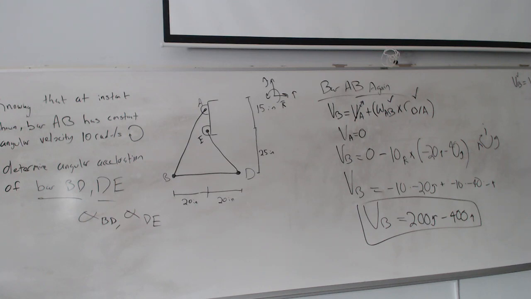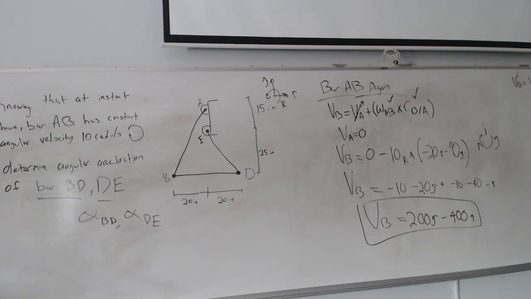So that's 0. I don't know velocity of D, but that's okay because I'm trying to solve this problem right here. I do not know the angular velocity of DE, and the position vector, I don't have it, but I can get it pretty easily.